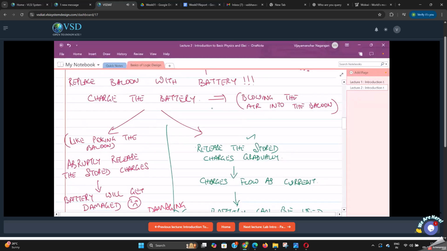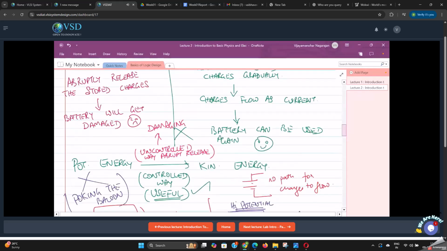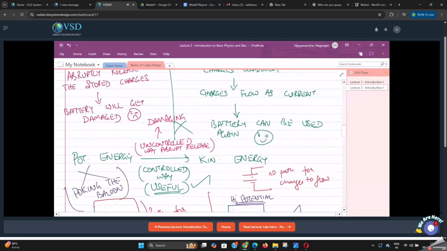The conversion can happen in a destructive way or a constructive way also. If the potential energy is abruptly or uncontrollably released to convert it to kinetic energy, the result will be damaging in nature. If we do it in a controlled way, it will be a useful application.